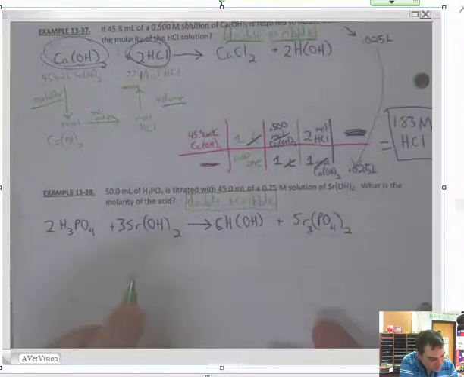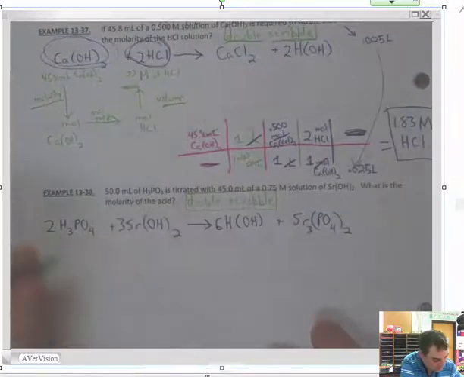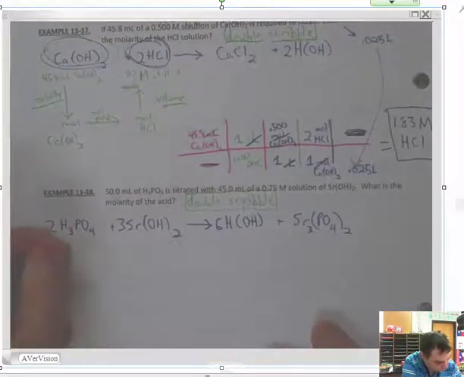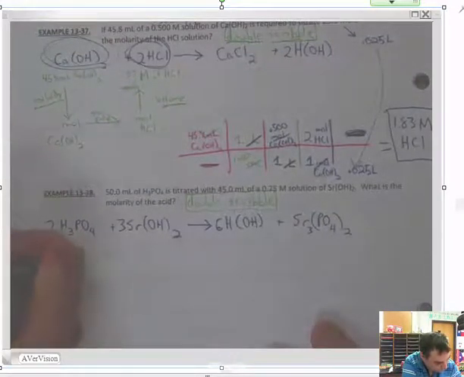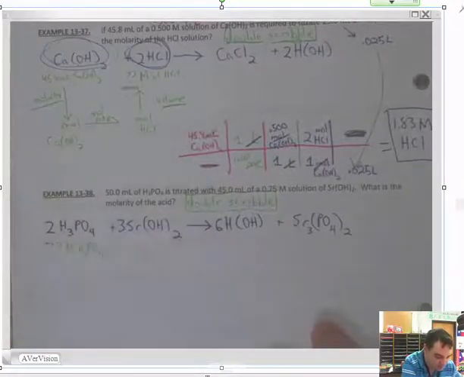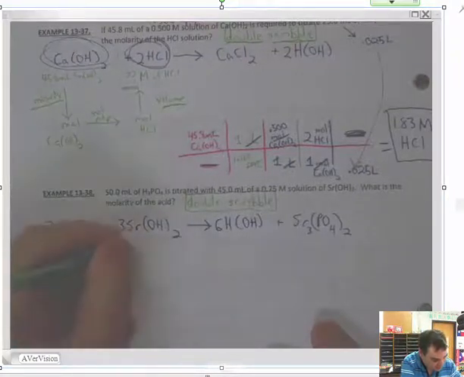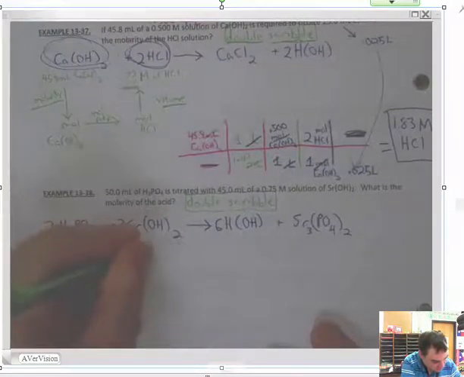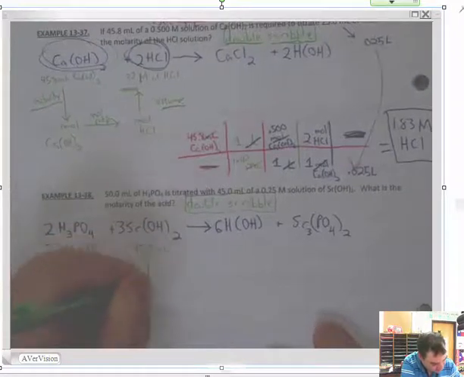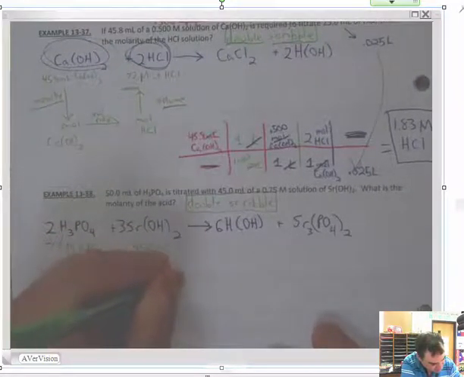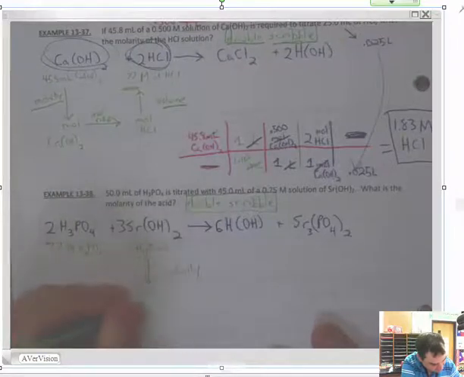Okay, so here we are looking for the molarity of the acid. So we are not going to start with the acid. We're going to start off with the strontium hydroxide. So you're going to start off with the 45 milliliters of strontium hydroxide. You're going to use the molarity, convert it to moles, because when in doubt, go to moles.